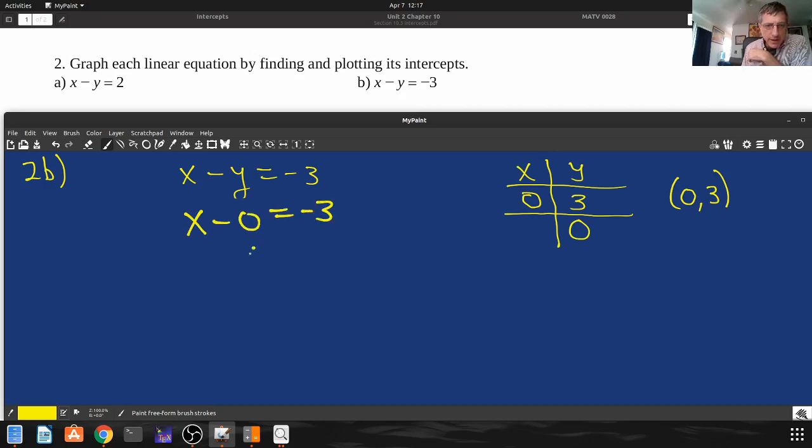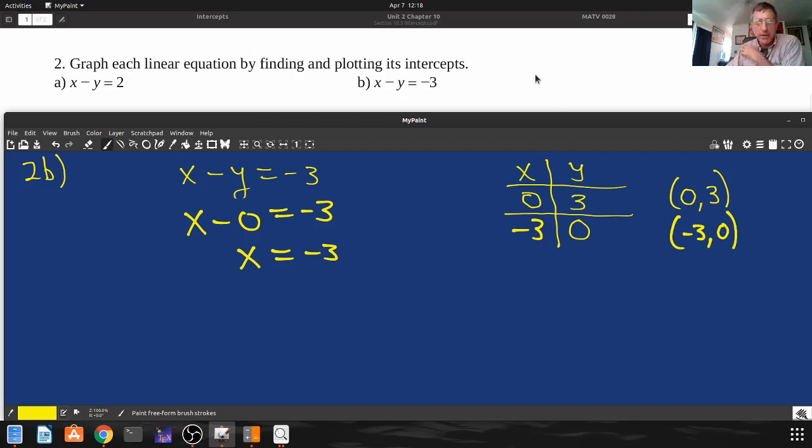So x minus 0 is just x. x is equal to minus 3. So minus 3, 0 is my x-intercept.